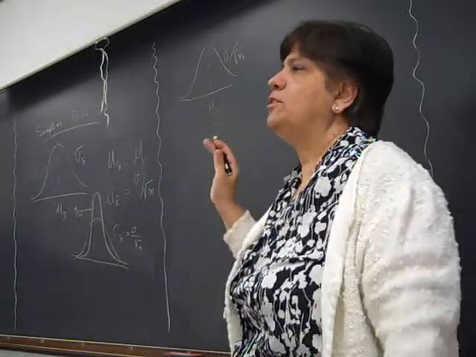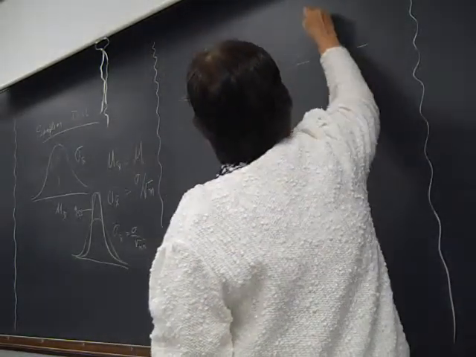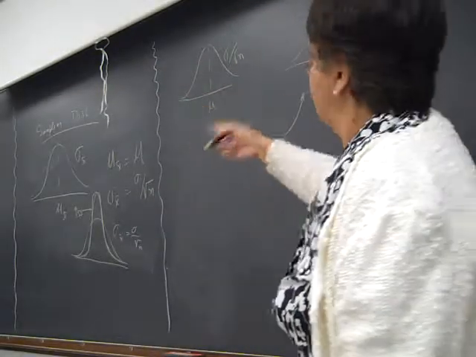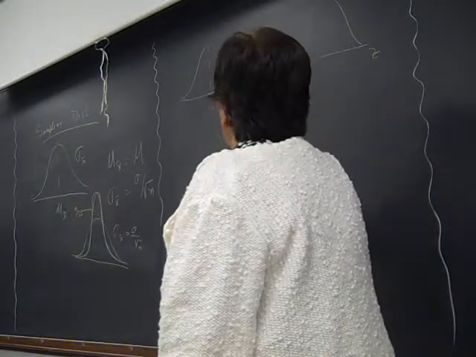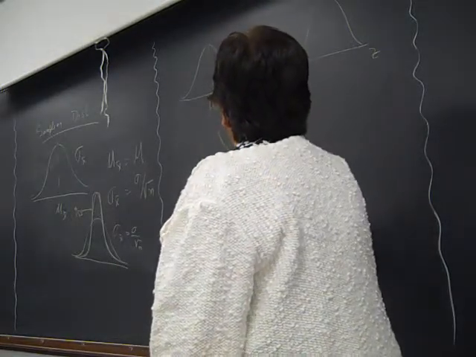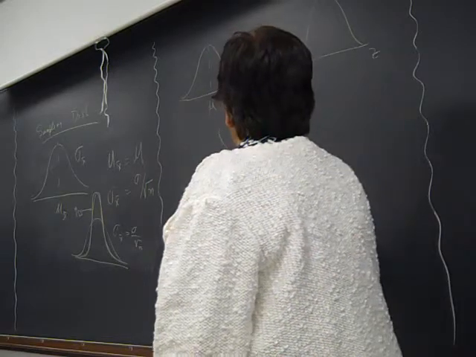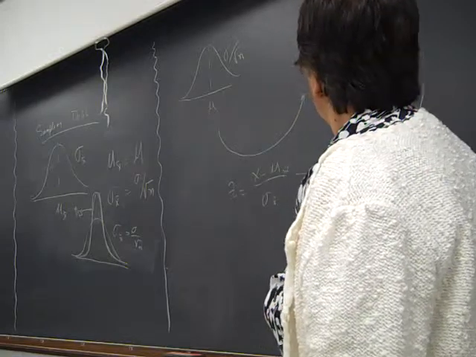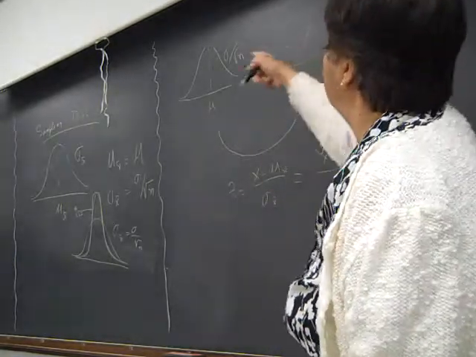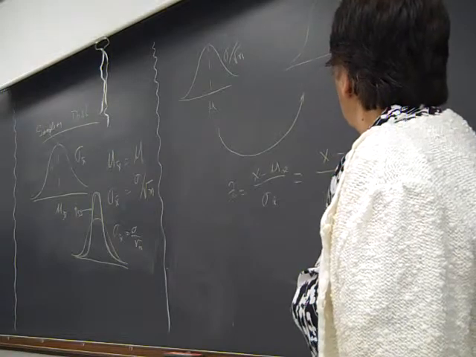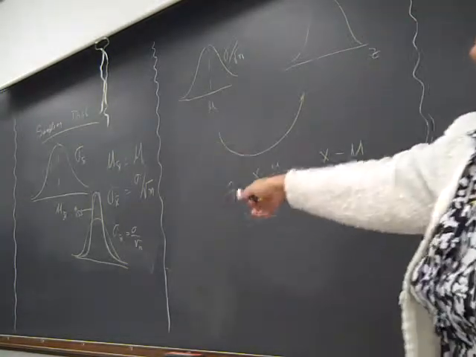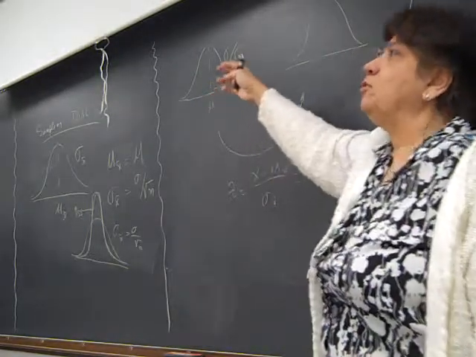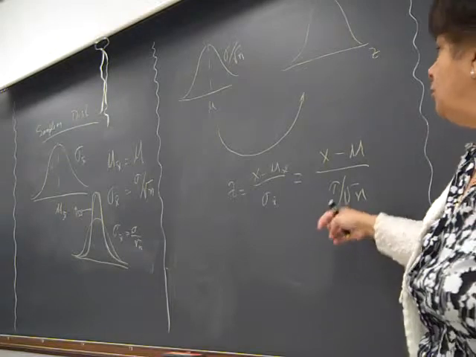So it's any normal distribution. And in order to find probabilities, you have to what? Transform this one into the Z distribution, saying that Z is equal to x bar minus mu divided by sigma of x bar, but sigma of x bar is sigma over square root of n. So you just translate, if you will, this normal distribution into a standard normal distribution using this formula.